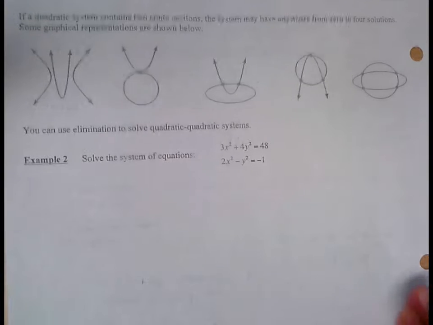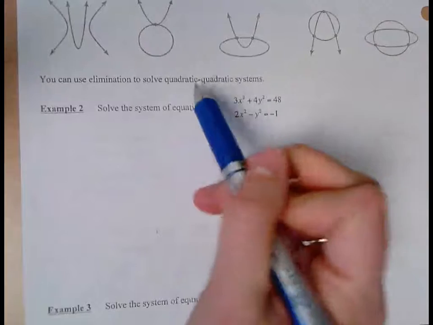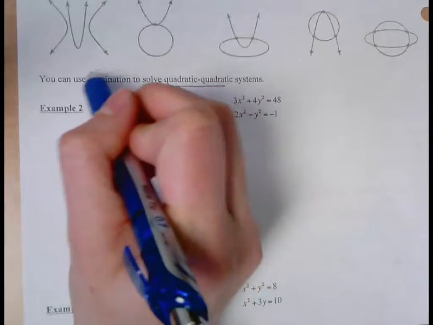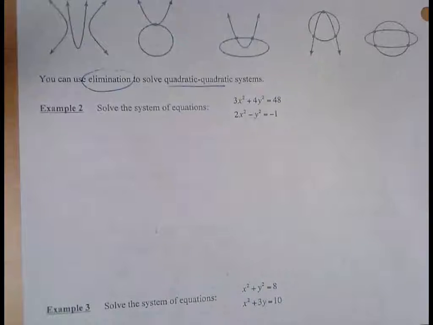Okay? So it does say, though, if both of your equations are quadratic, elimination does work. So it's not that you can't use substitution, you still can, but you can start out using the elimination process.